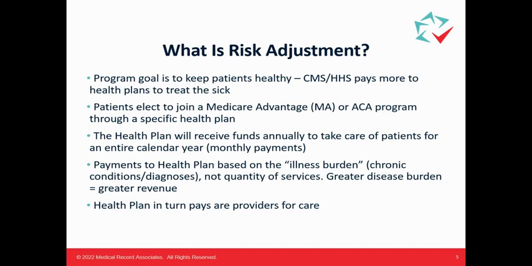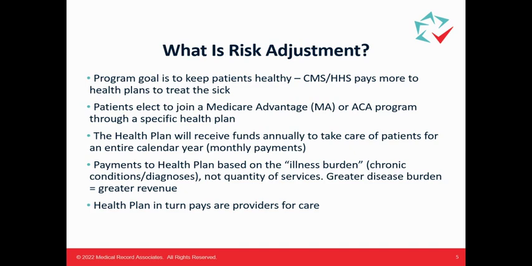Payments to the health plan are based on the illness burden, which are chronic conditions and diagnoses. Kind of talked about that above, but depending on how sick the patients are, they may or may not get more money. It's not like fee-for-service Medicare, you get paid for every time you see a patient. It's not like that.